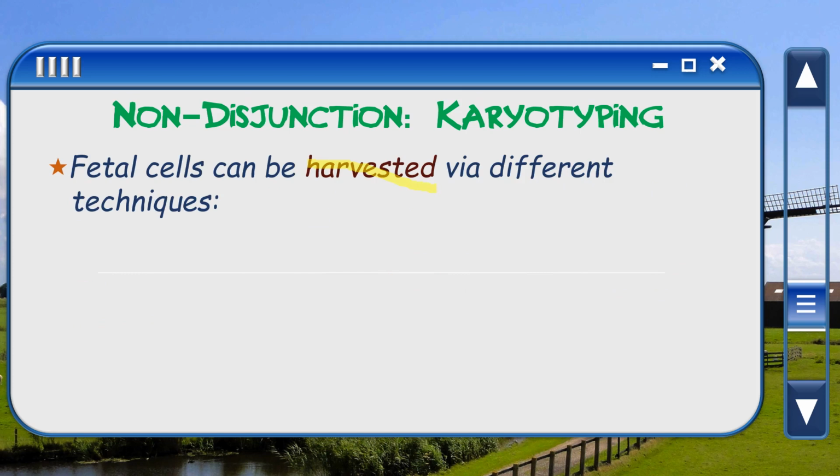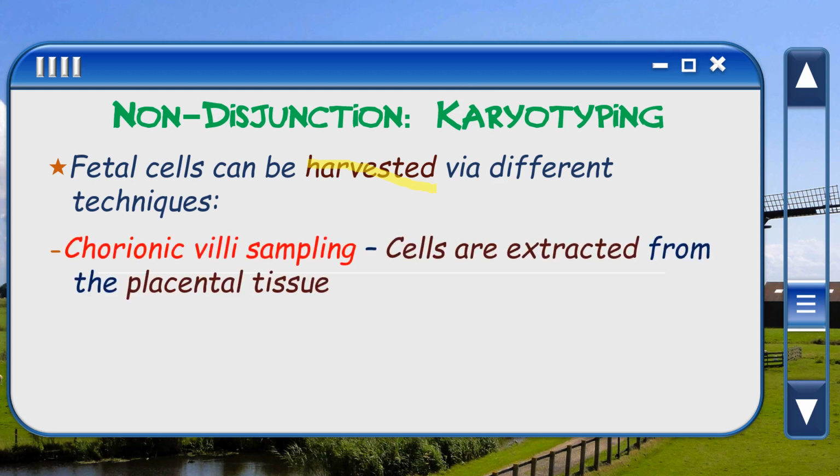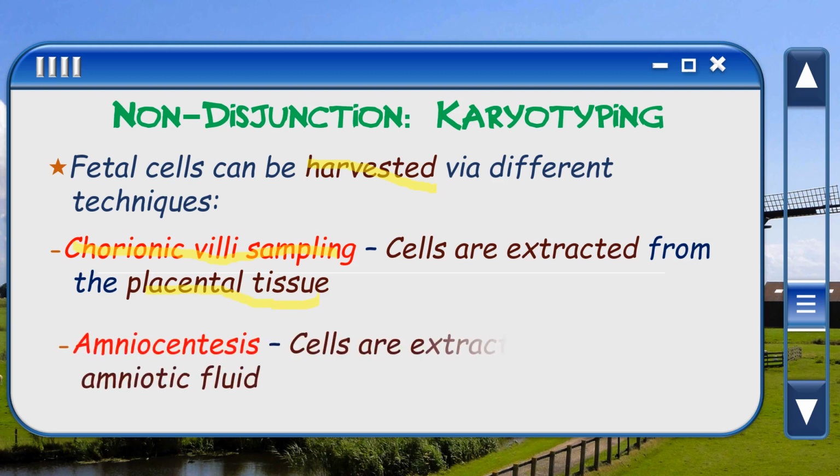Fetal cells can be harvested via different techniques. We can get these cells from the fetus using different techniques. There is chorionic villi sampling, where cells are extracted from the placenta tissue.